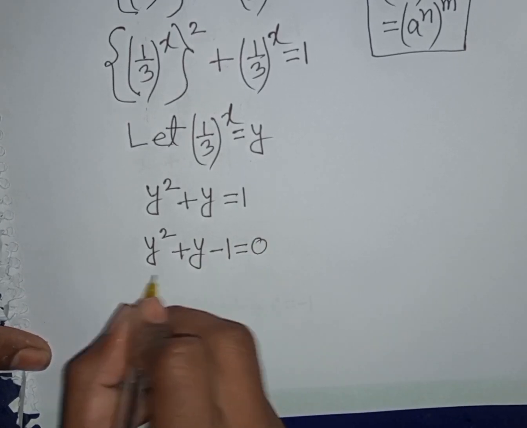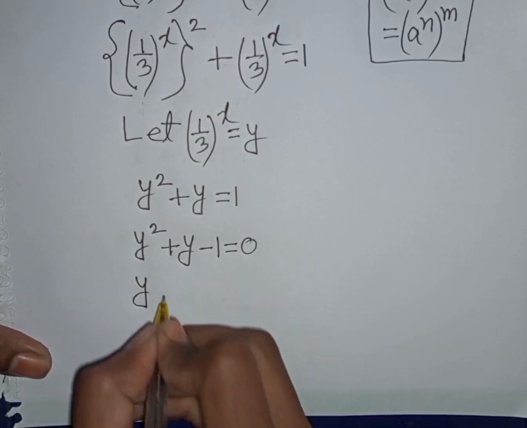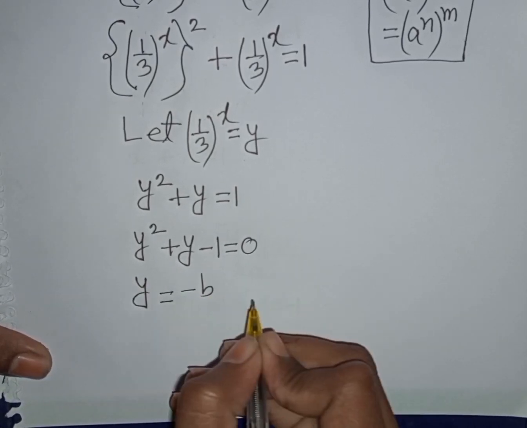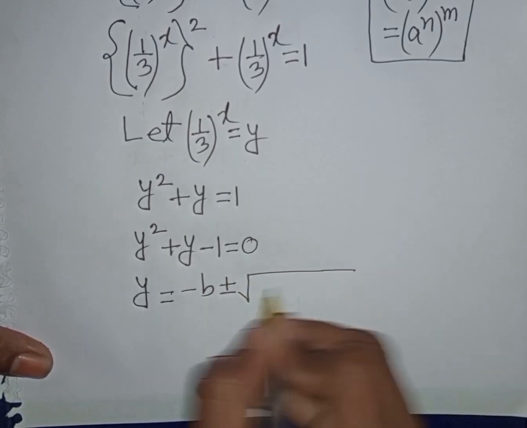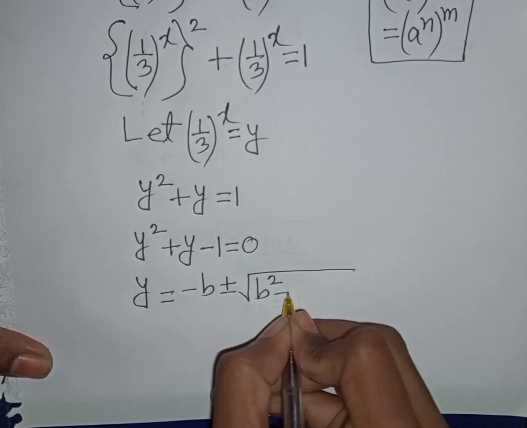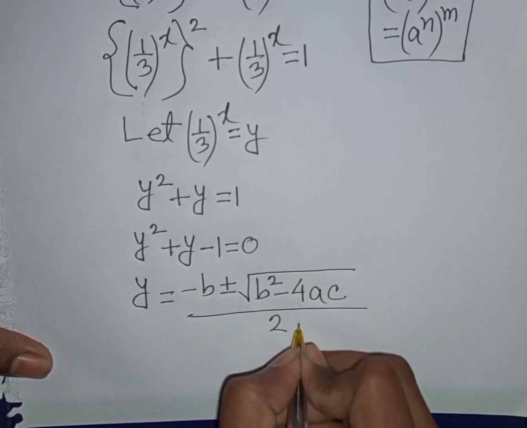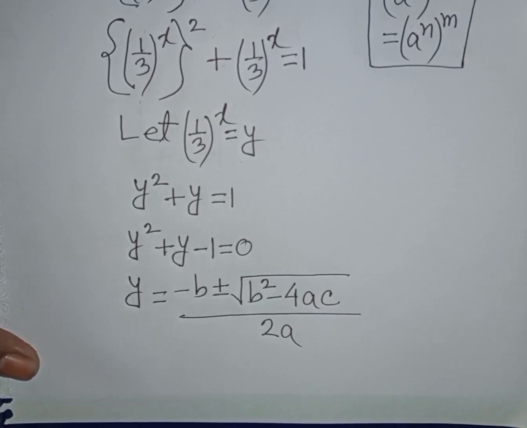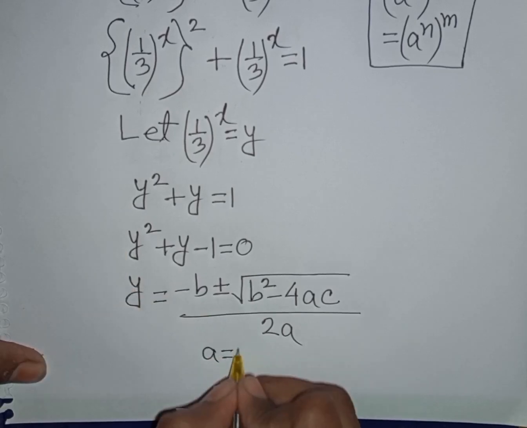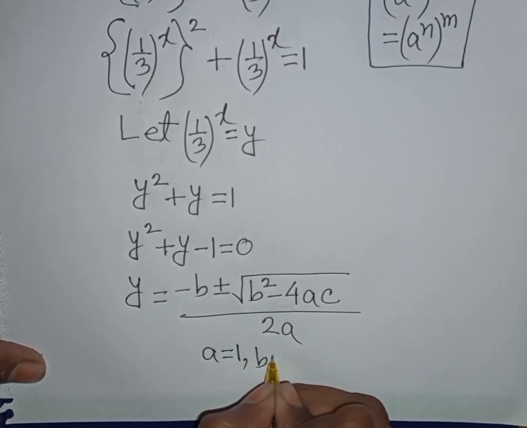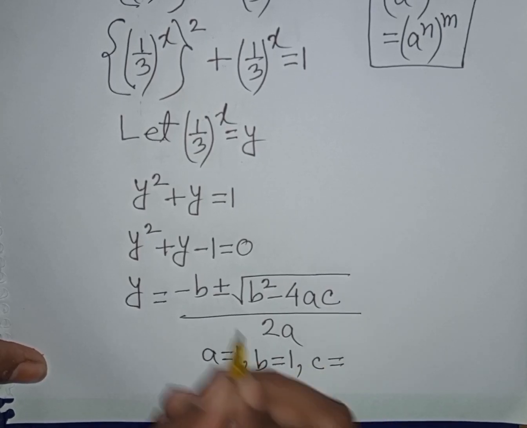Now here I can apply the quadratic formula, so I can write y is equal to minus b plus or minus square root of b square minus 4ac divided by 2a. Here a is equal to 1, b is 1, c is equal to negative 1.